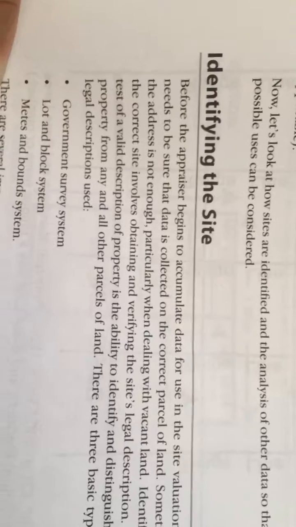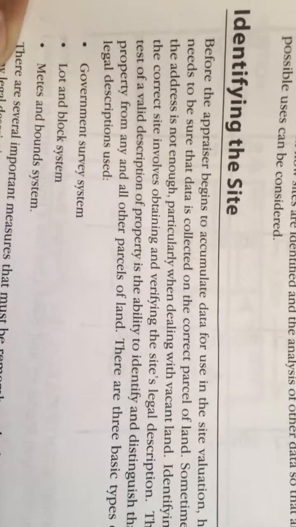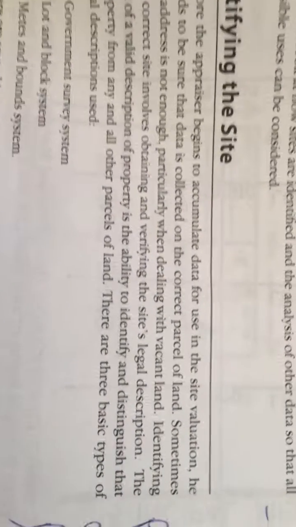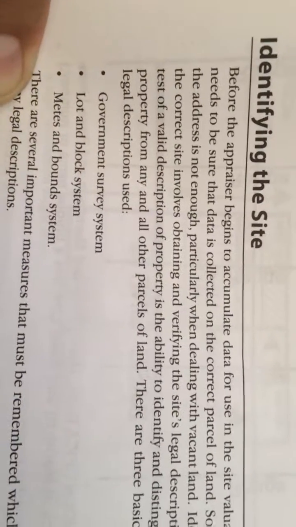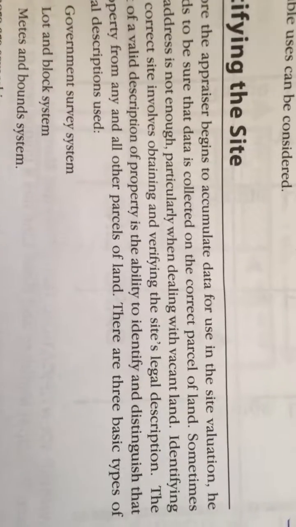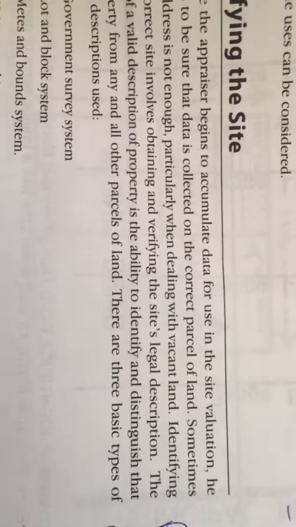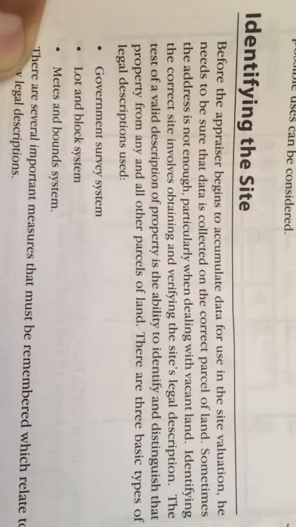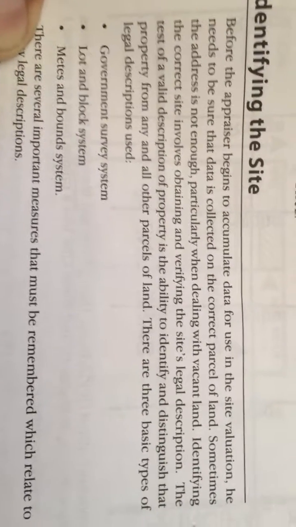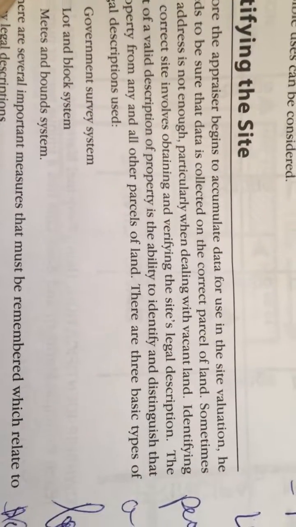Identifying the site. Before the appraiser begins to accumulate data for use in the site valuation, he needs to be sure that data is collected on the correct parcel of land. Sometimes the address is not enough, particularly when dealing with vacant land.